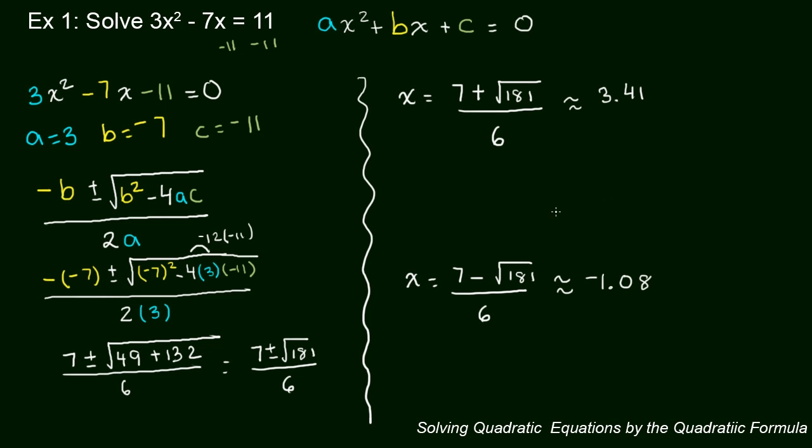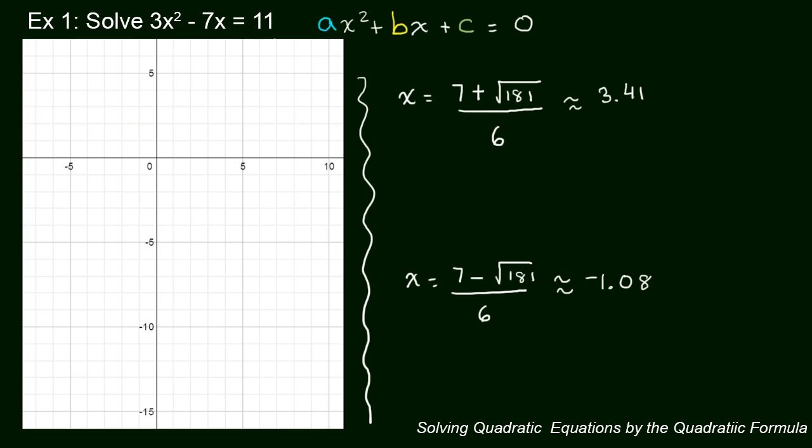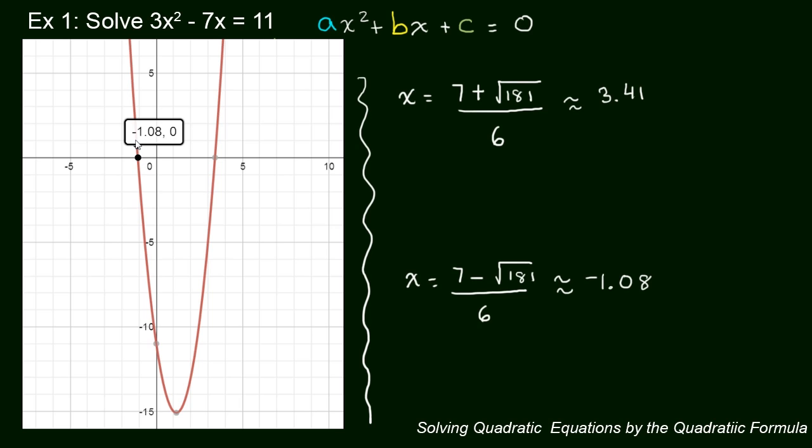Let us verify this by using a graph. Let us draw the graph of 3x squared minus 7x is equal to 11 in standard form. Here's what our graph looks like. Here are the 2 points where it crosses the x-axis. At this point over here, we get x is equal to negative 1.08, and our y value is 0.